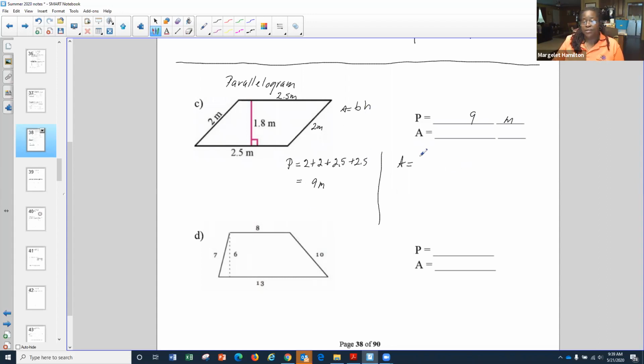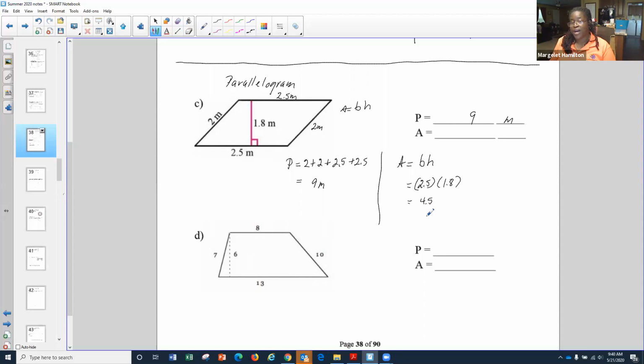Our area, base times height. Remember, our base is the bottom here, 2.5. And then the height, remember, is that thing right down the middle, 1.8. Now, when we multiply, what do we get? 4.5.